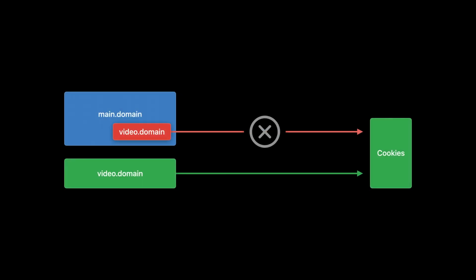For security reasons, third-party iframes or resources do not have access to first-party storage by default, and that means if the resource request for video.domain is initiated from main.domain, it will not include the cookies of video.domain. This can be a problem when web servers of video.domain only want to serve contents to authenticated users, and no cookies means no authentication. The Storage Access API solves this issue.